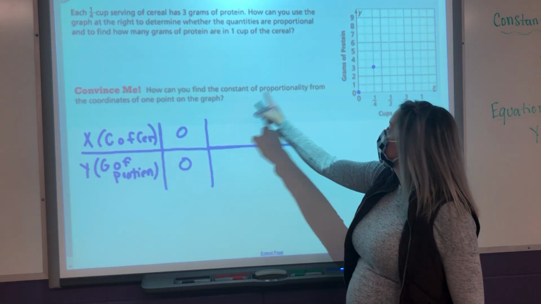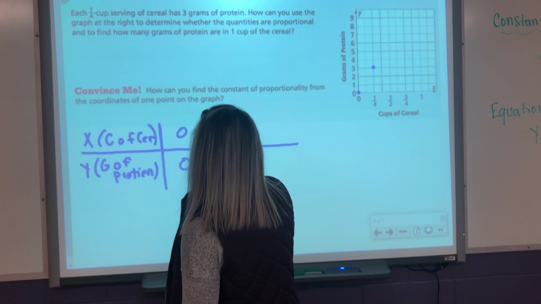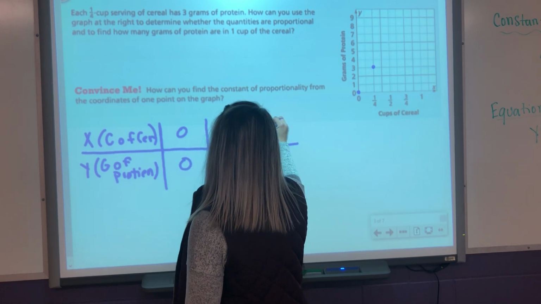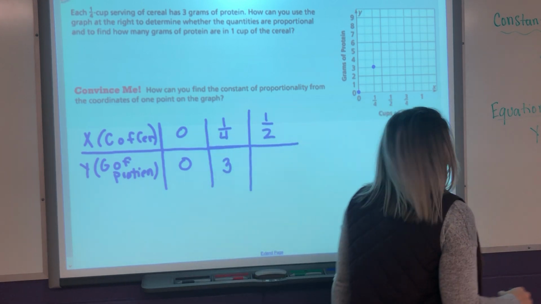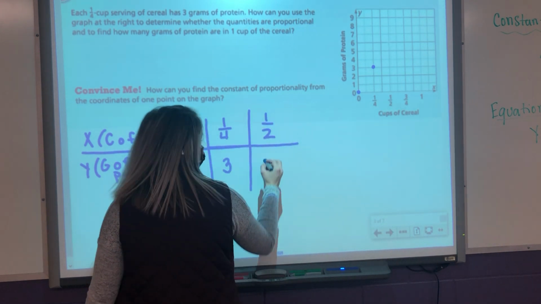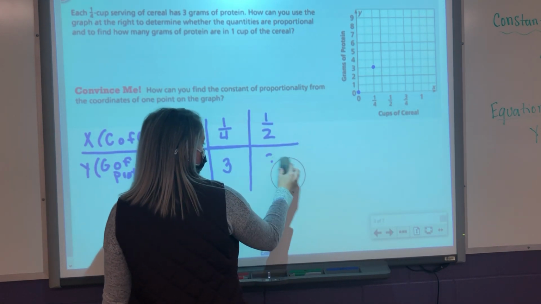They told us 1/4 cup of cereal gives us 3 grams of protein. So my question was, how much protein will you get if you eat a 1/2 cup? 6. How do you know? Okay, so Zach said 2/4, which is half, would then give us 6.